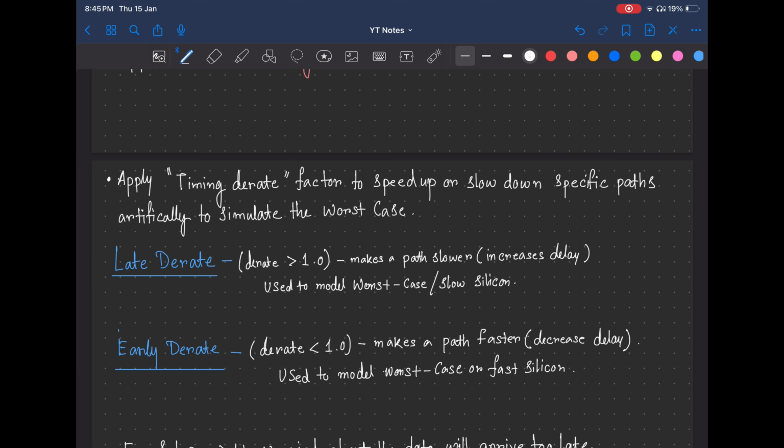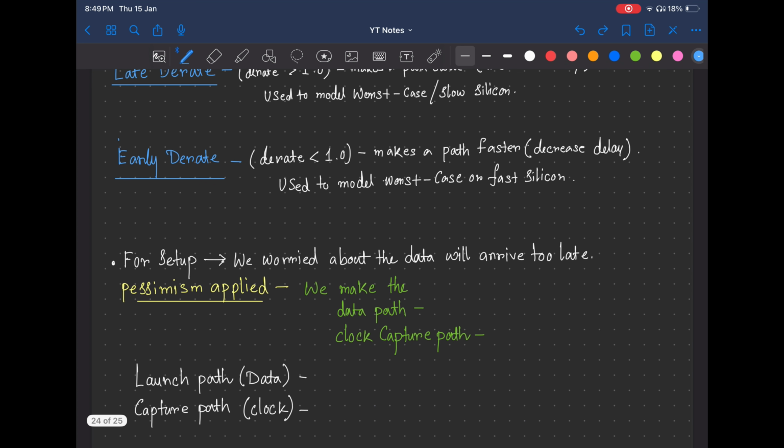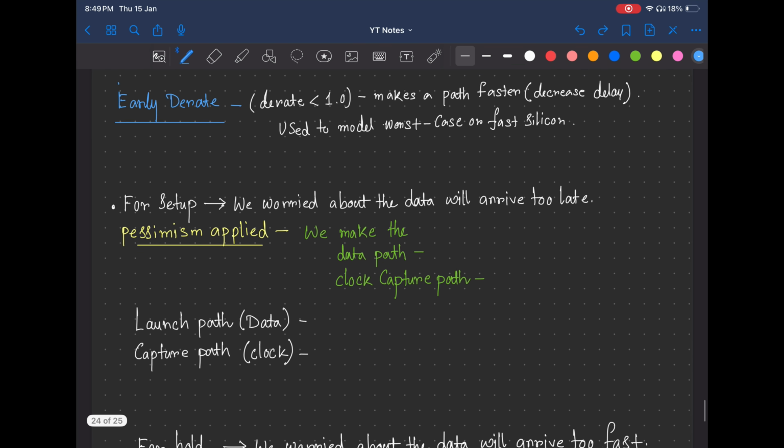Why did we discuss these two things, late derate and early derate? Because we have to incorporate this derate factor into the timing calculation or timing expression. So after understanding late derate and early derate, we have to know how we multiply that derate factor into the particular timing expression mathematically.